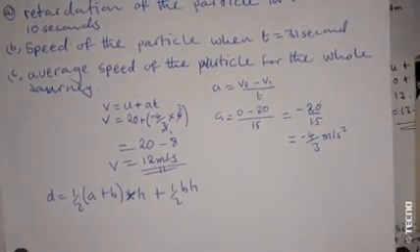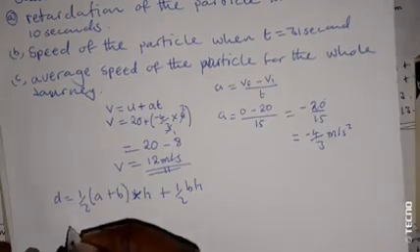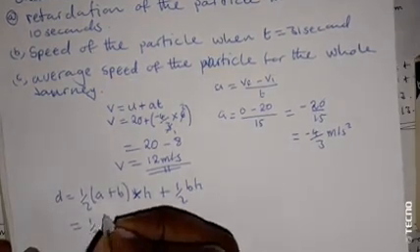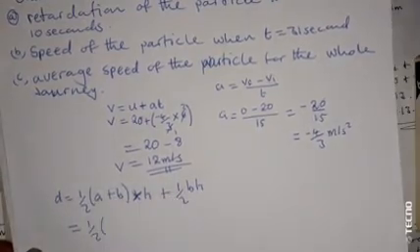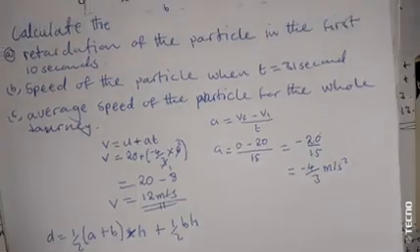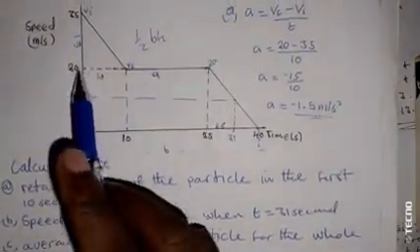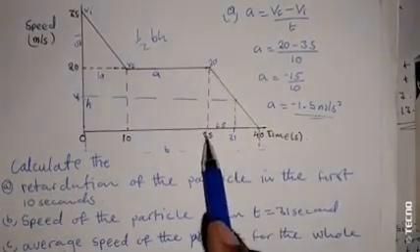Having this, I'll start replacing half, open bracket. My A here, remember I said, is from here up to there, which is 25.